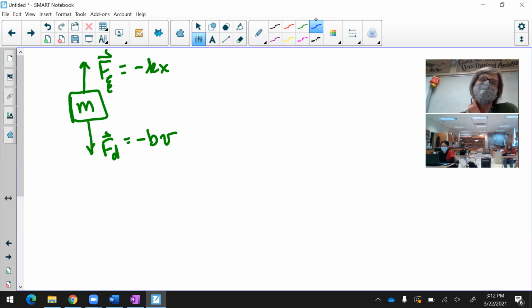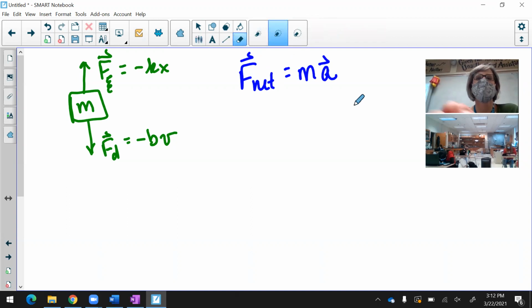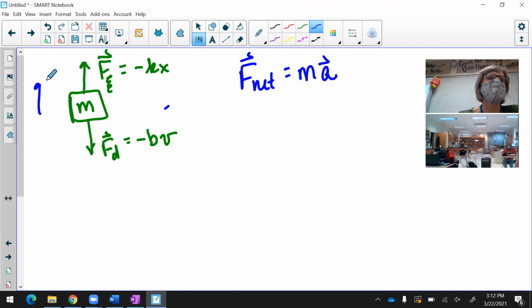So if I've drawn a free body diagram, what am I contractually obligated to do next? Newton's second law. So I've got F net equals MA. I'm going to let positive X be up, although it doesn't really matter, like I said.